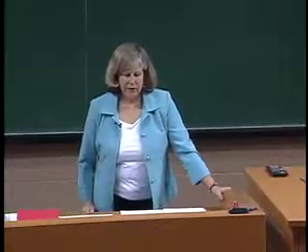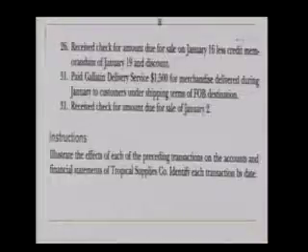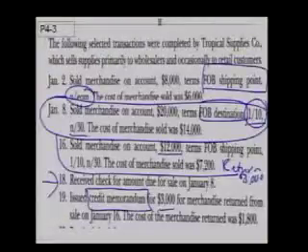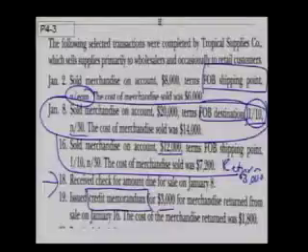Great. Next up, receive the check for the amount due for the sale on January the 16th. So let's go back. That sale, January the 16th, was for $12,000. On January the 19th, they returned $3,000. Oh, I'm going to have to put this on a separate piece of paper.